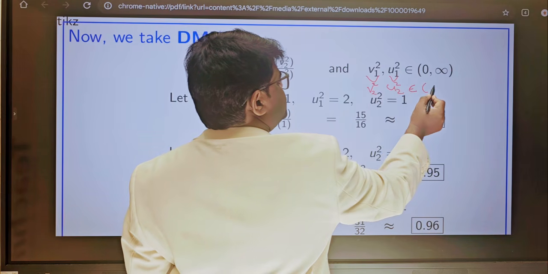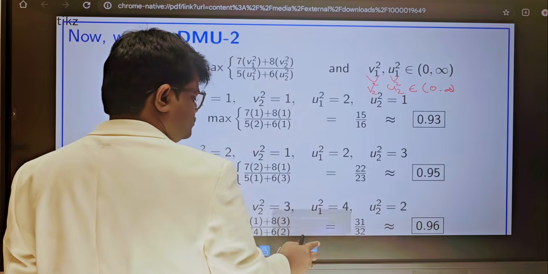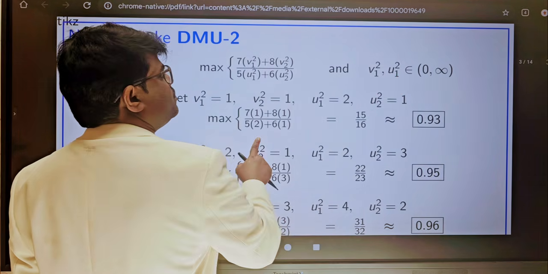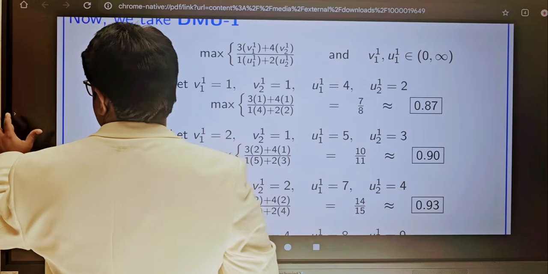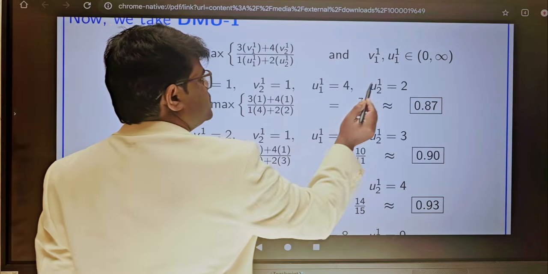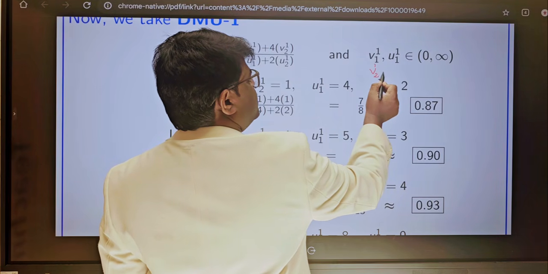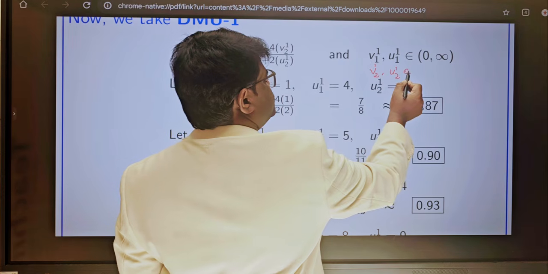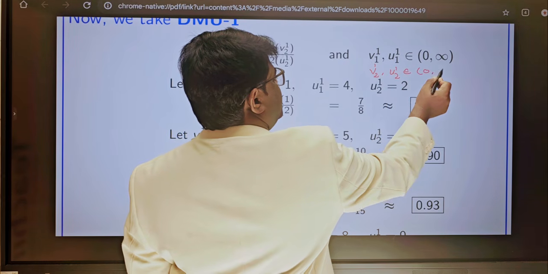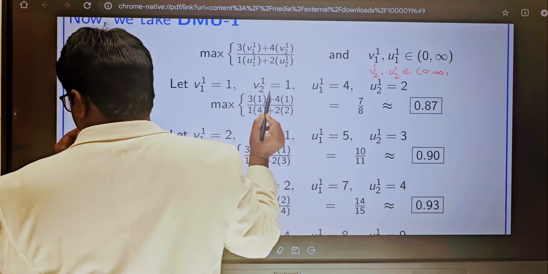This also belongs to the open interval 0 to infinity. Similarly for this value also, V2 1, U2 1, where the index indicates the DMU, belongs to the open interval 0 to infinity.